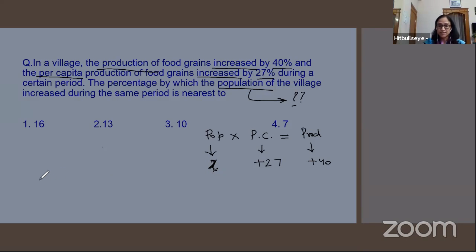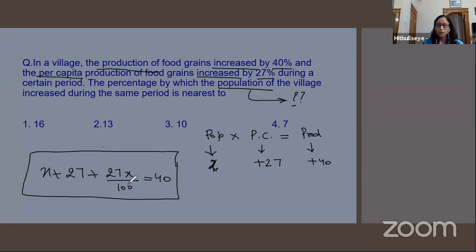Now the formula says that X plus 27 plus 27X divided by 100 should match with 40. That's it. Now you can use a very simple calculation that's happening here and get your answer. So obviously I will have to keep these two here, which is indicating it is 1.27 of X, and these two get paired up together to give me a 13 here.